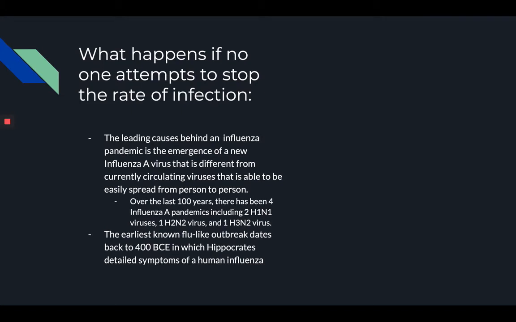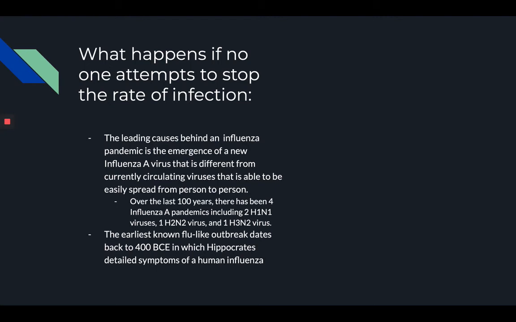So, what happens if no one attempts to stop the rate of infection? As many people know, the leading cause behind an influenza pandemic is the emergence of a new influenza A virus that is different from the currently circulating one and is just as easily able to be spread from person to person.